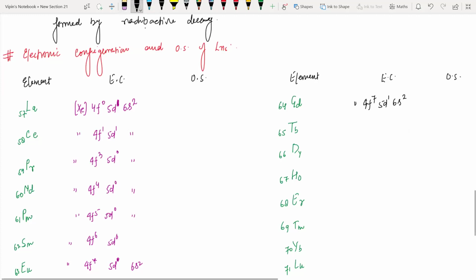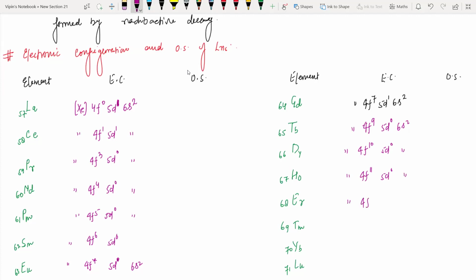4f9 5d0 6s2. Here 4f10 5d0 6s2. Here 4f11 5d0 6s2. Actually, there's no need to write 6s2, it is 6s2, okay?